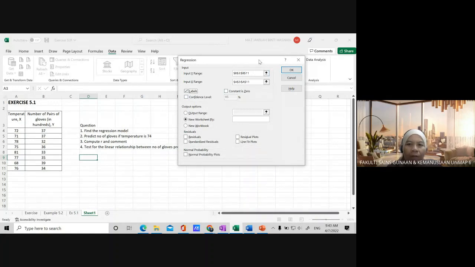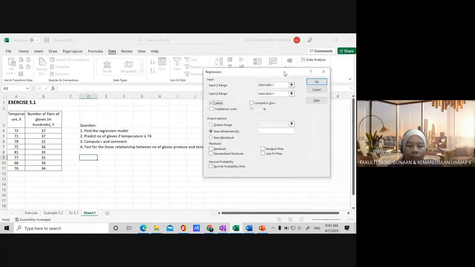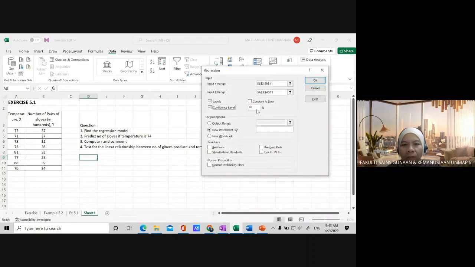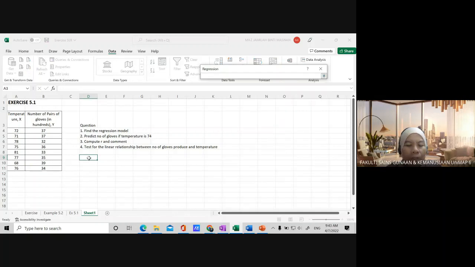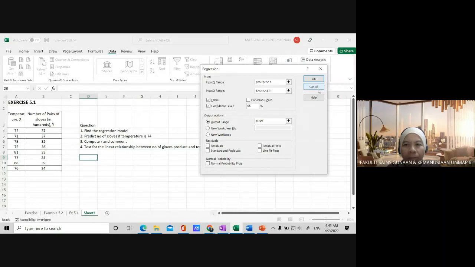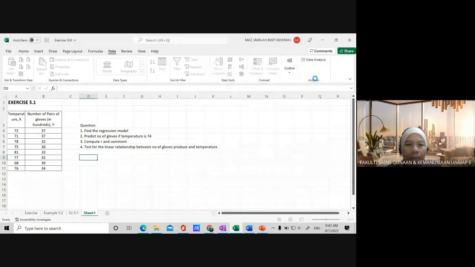And your alpha that you are using is what? 0.05, so 95% confidence level. Then identify the output range where you wish to have your data result, and then click OK.